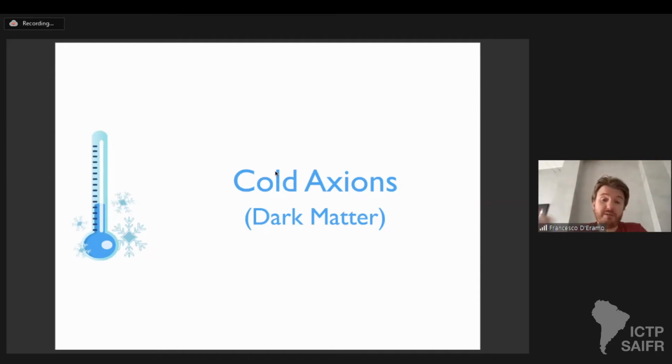It might also couple to the W's and the Z bosons, but the coupling to the gluons is necessary to solve the strong CP problem. The coupling to the W and the Z are not required. I've never heard of electroweak axions, in the sense that they couple to the W and the Z. Okay, I can go on.